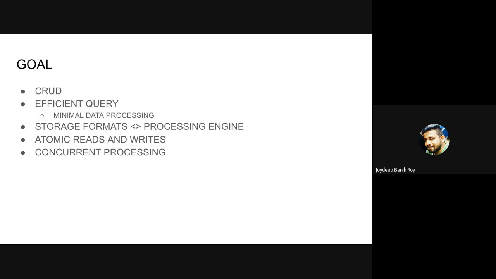Somebody reading the data and somebody writing the data should not corrupt our blob storage. And somebody reading the data should not see it change while they're reading, and they should not get an inconsistent view of the data. And finally, concurrent processing. Obviously, we want to process the data as fast as possible with as many jobs as possible. So we wanted concurrent processing capability.